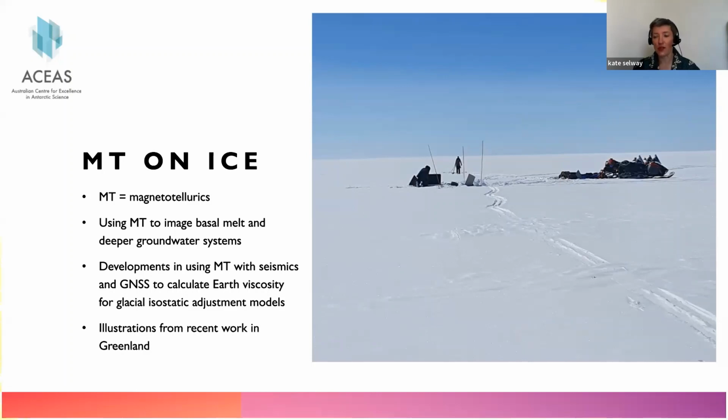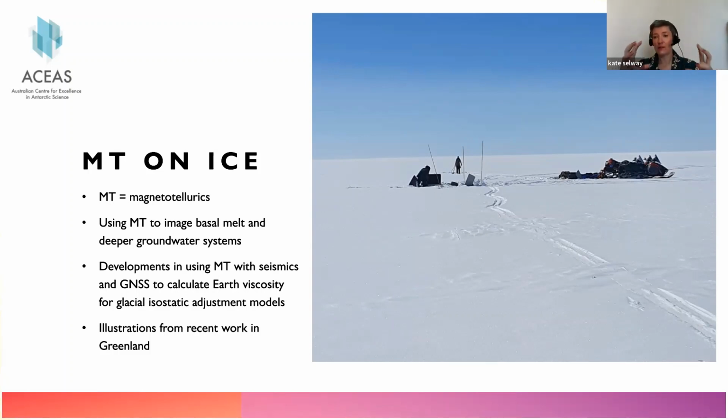Two particularly useful things I'm going to talk about today are to image relatively shallow depths just beneath the base of the ice, looking at basal melt beneath the ice and some deeper groundwater systems, but still at relatively shallow depths. And also, one really useful thing about MT is that with the same technique and even the same instruments, we can see a huge depth range within the Earth.